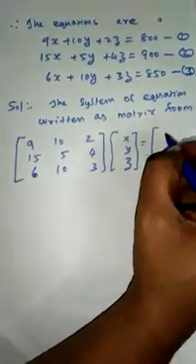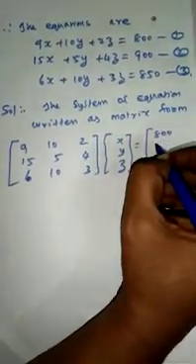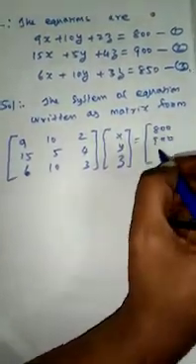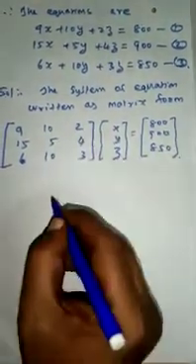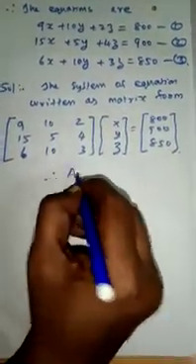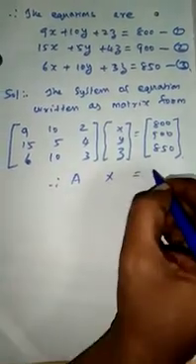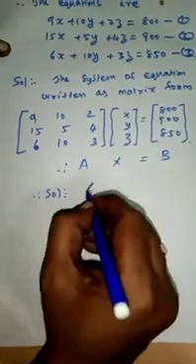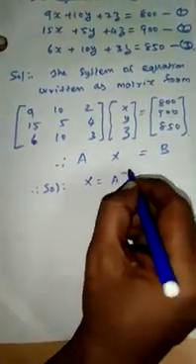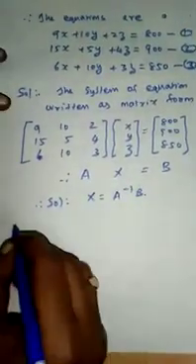The constant matrix is 800, 900 and 850. Therefore, AX is equal to B. The solution is X equal to A inverse B.